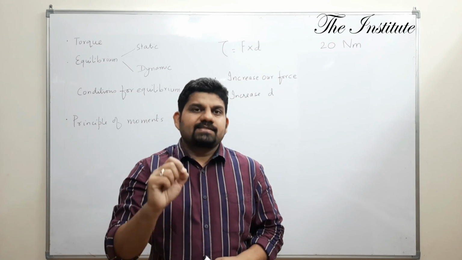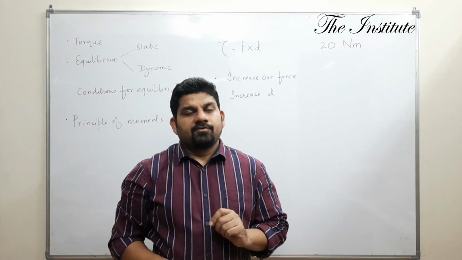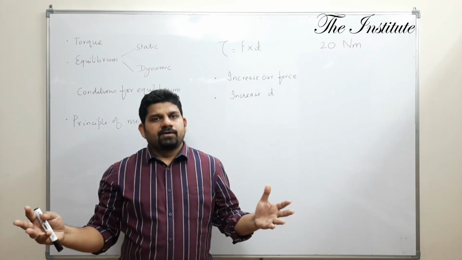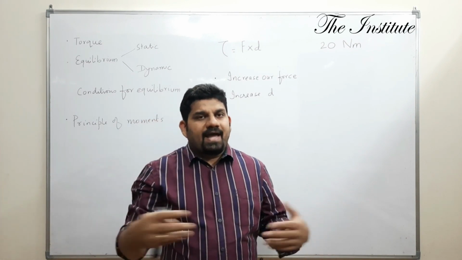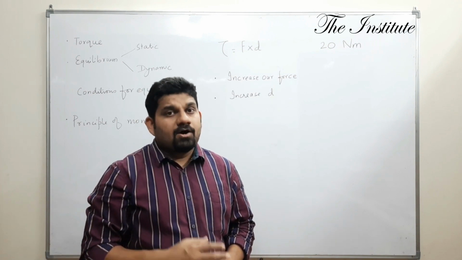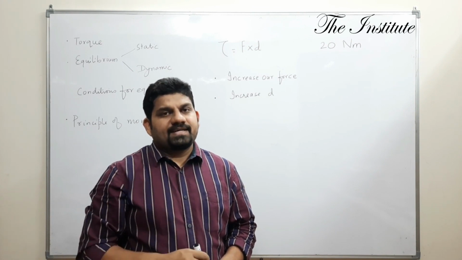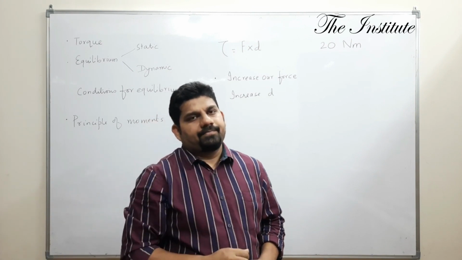So this is an example of dynamic equilibrium. So when a number of forces, two or more than two forces acting on a body produces no change in its state of rest or of uniform motion, then the body is said to be in equilibrium.